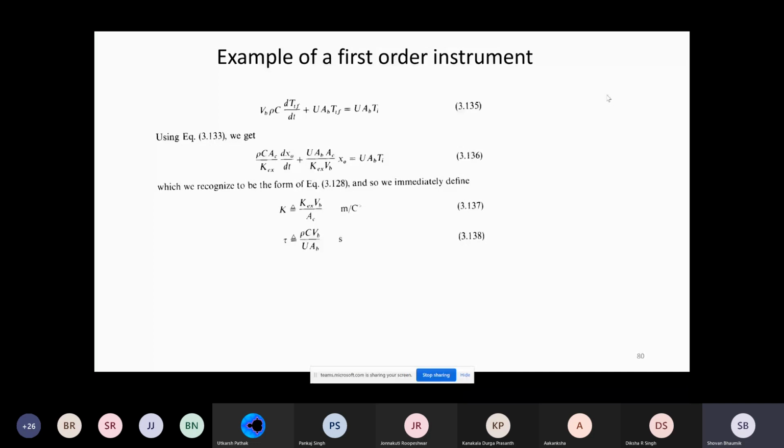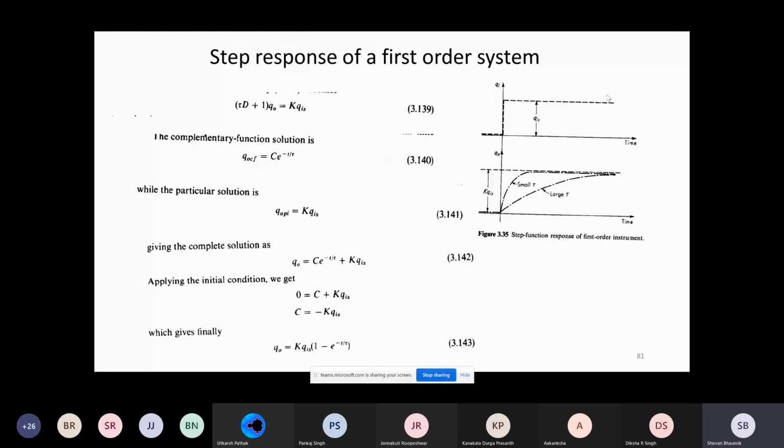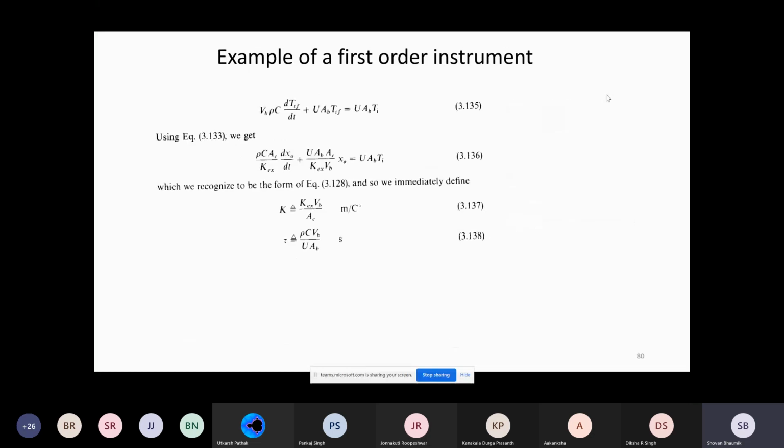Yesterday I was saying you need to design so that the gain is quite high, so that the sensitivity is high and the response time is low. That is what we desire. So the first order equation becomes K by (tau s plus 1).